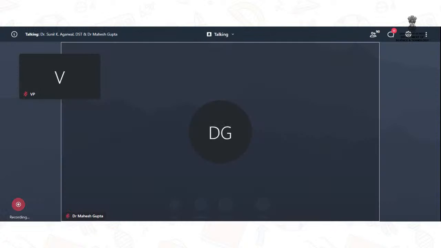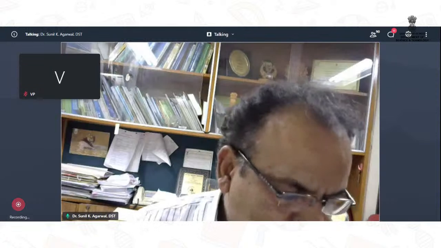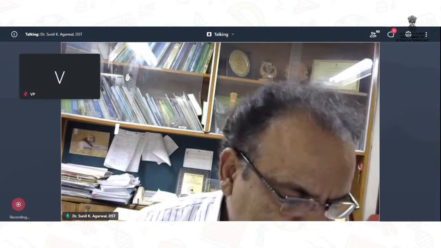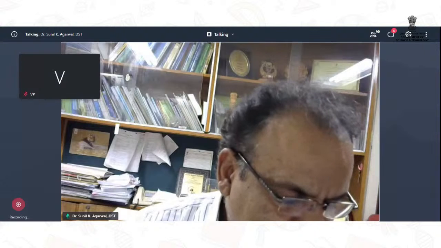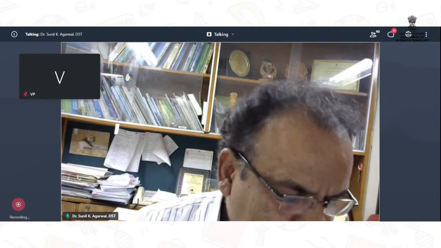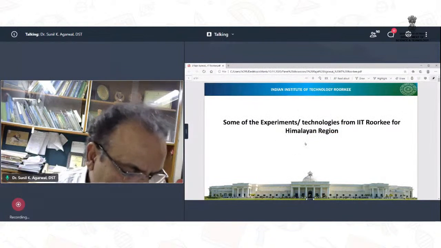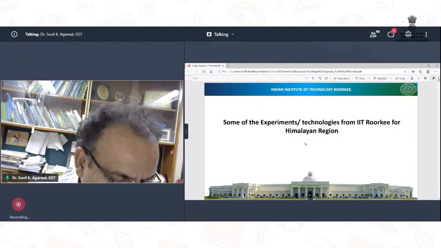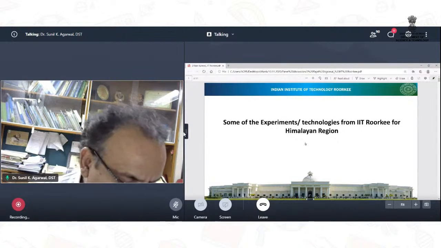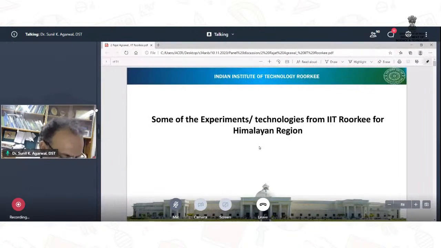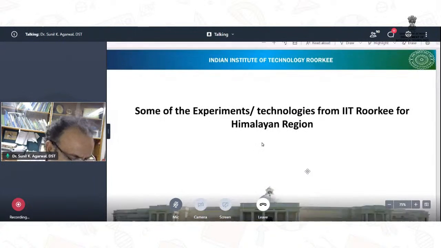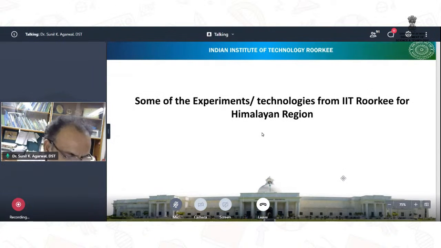Now we move to the next presentation, from Professor Rajat Agrawal on emerging technologies for the Himalayan region. Professor Rajat is also associated with the mountain-specific program being implemented by the Department of Science and Technology through its C division, and he is involved in the Design Innovation Center, IIT Roorkee.